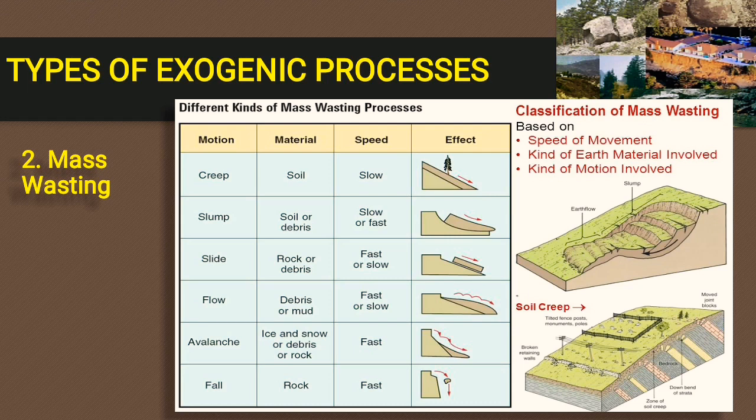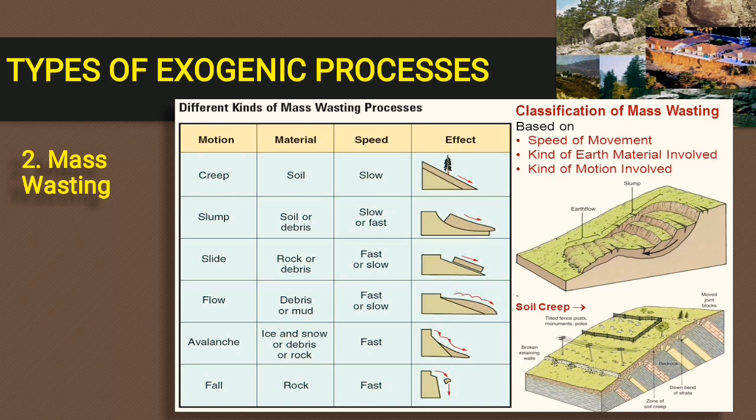And then we have avalanche. It is a rapid flow of snow down a hill or mountainside. Certain locations are naturally more dangerous than others, like during wintertime, particularly from December to April, when most avalanches tend to happen. The material is ice and snow, or can be debris or rocks, and the movement is fast or rapid. And we have fall, which is a rock fall, which involves the dislodging and rapid downslope movement of individual rocks and rock masses.